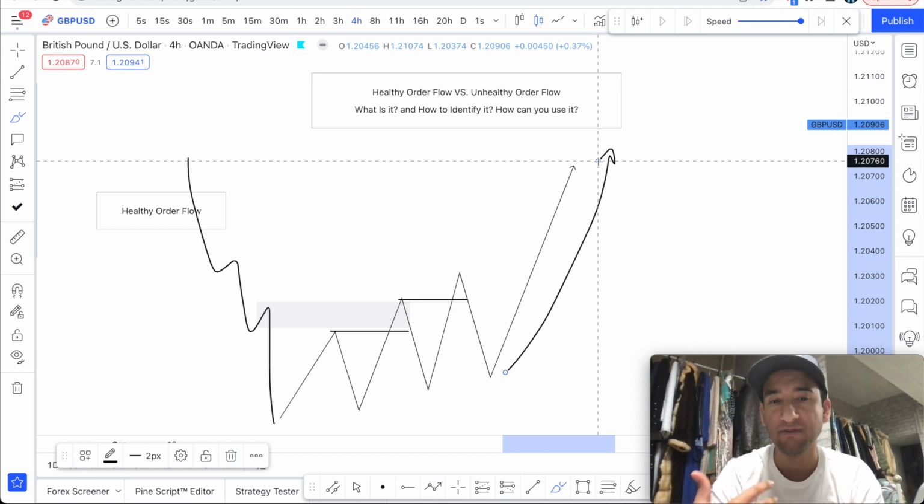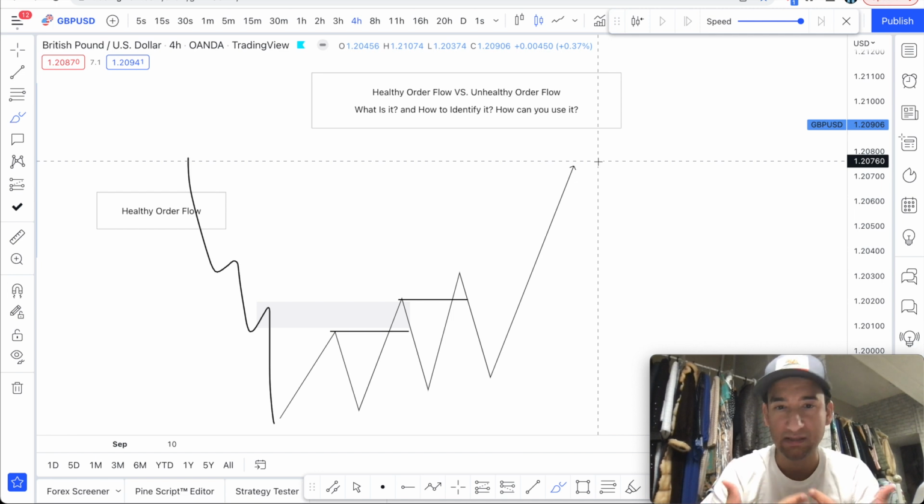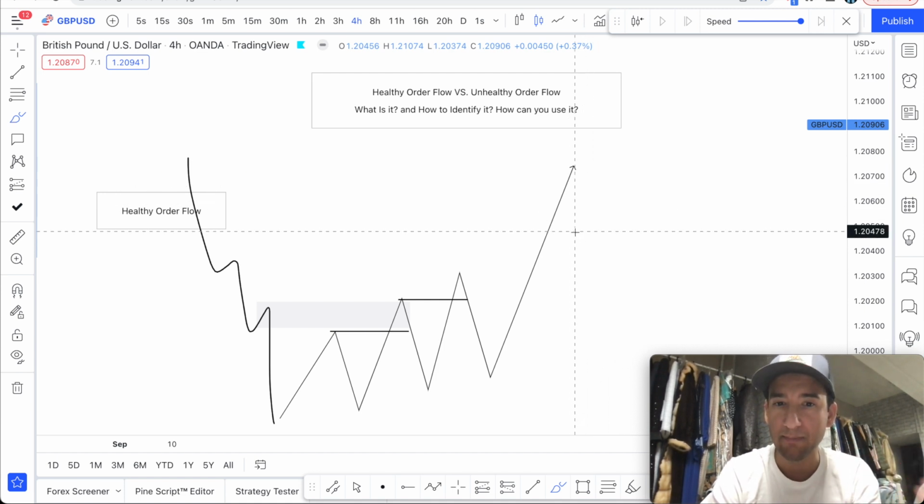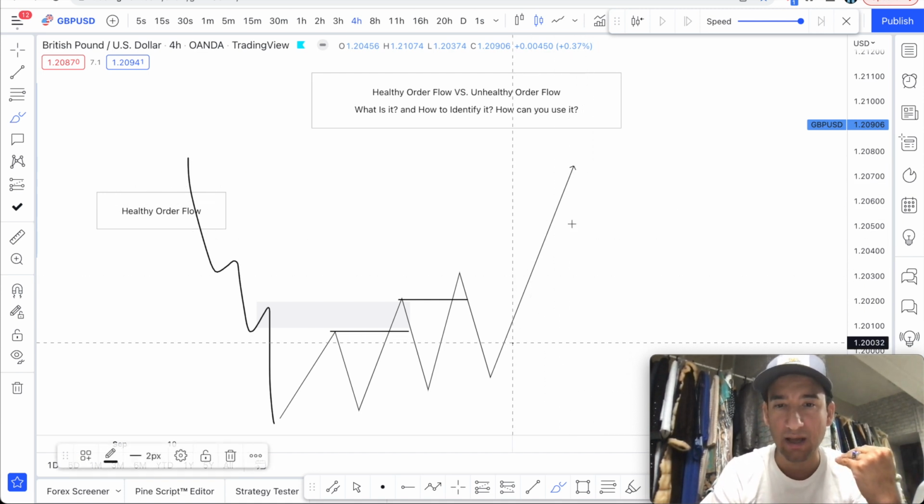We don't want to be limited to seeing price breaking and mitigating, breaking and mitigating over and over, because it shows us as traders that price isn't really wanting to push further to the upside. Price is lagging to push to the upside.